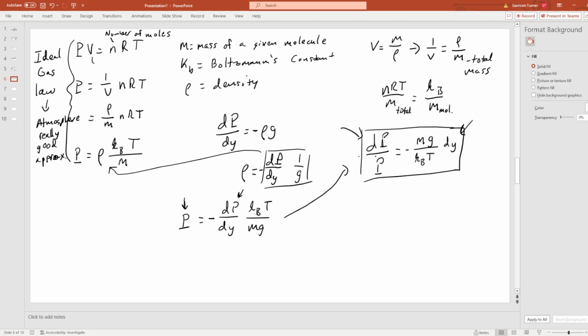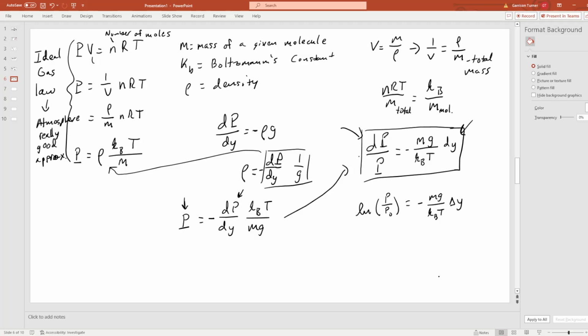So the solutions to dP over P are logarithmic, where P naught is the standard pressure at the surface. Technically, this is delta y. We can leave it as y if we understand that y naught is at the ground, but might as well make it a little bit more formal.